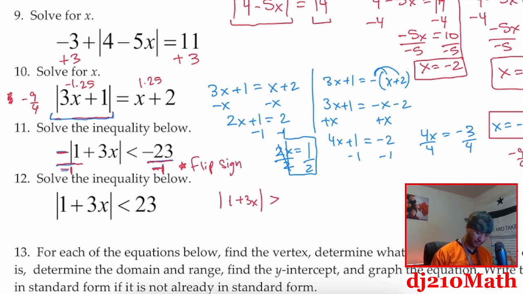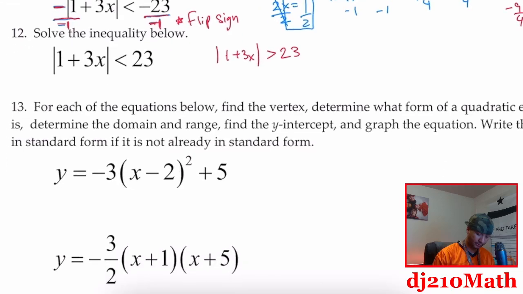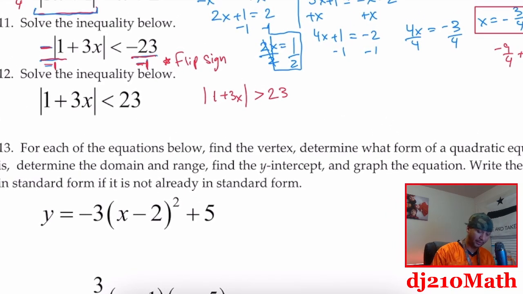So greater than positive 23. Now, it almost looks like this one. So we flip the sign, so it's absolute value of 1 plus 3x.